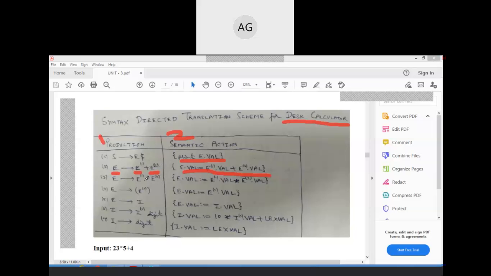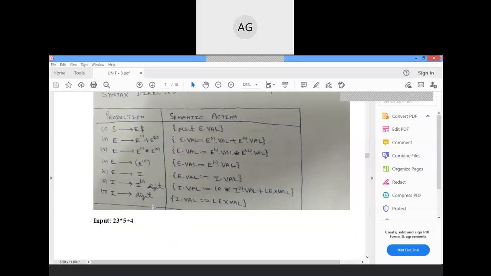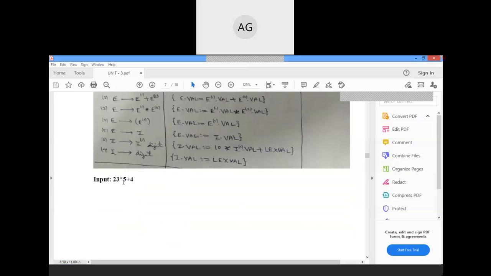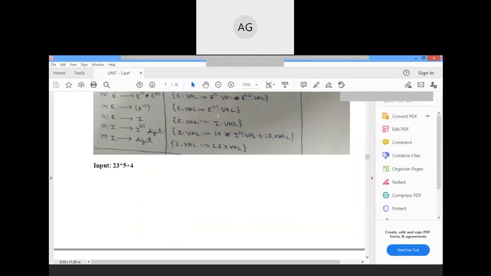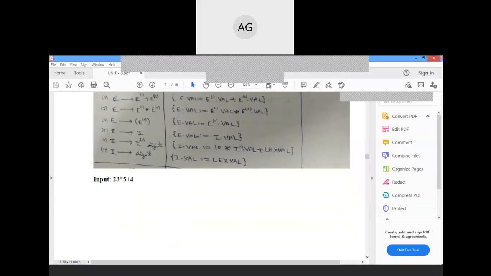So in the question some productions are given, and corresponding semantic actions are given. The input is 2 3 into 5 plus 4.